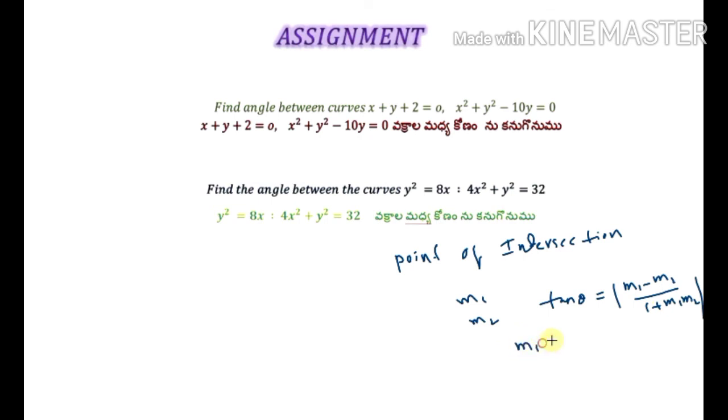If m1 is equal to m2, the two curves touch each other. If m1 into m2 is equal to minus 1, then the two curves are orthogonal to each other. Using this concept, solve these two problems as an assignment. So with this, the chapter is completed. Thank you.